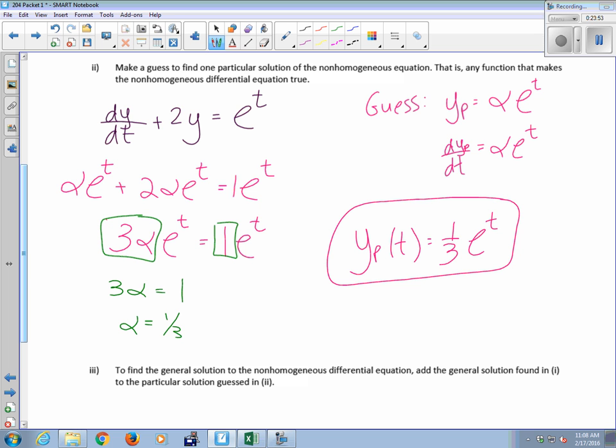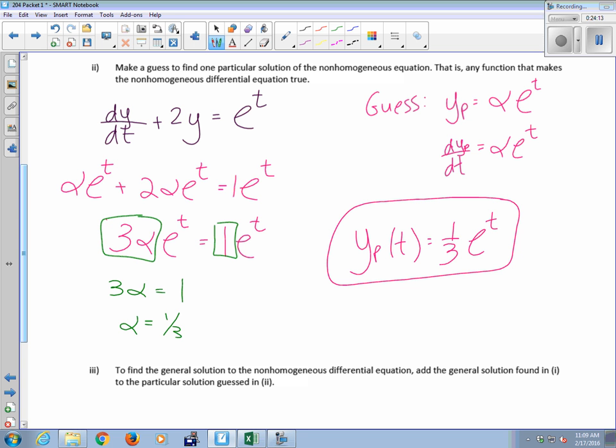If you guess wrong, you just will not be able to solve for alpha, or you get something that doesn't make any sense. Then you'd go back and try a different format for y particular. And in fact, sometimes that happens.